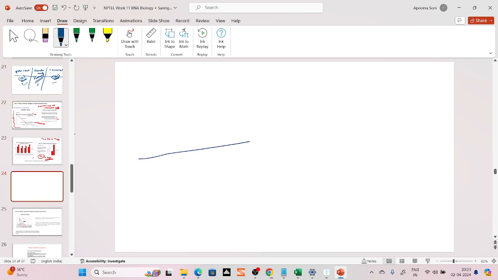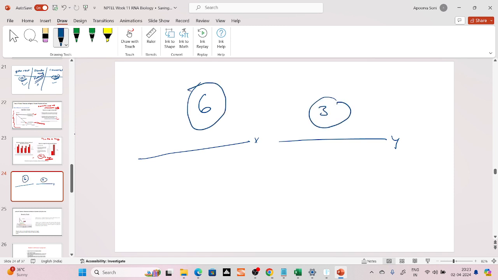This is a gene X, and this is a gene Y. This has 6 telomere repeats. It has 3 telomere repeats. So the T by S ratio would be 6 by 1 or 3 by 1. Why?